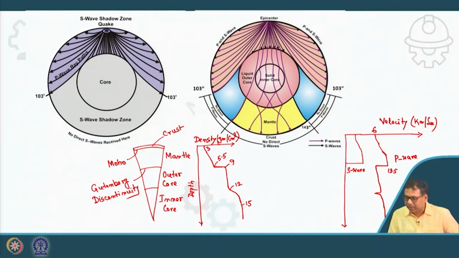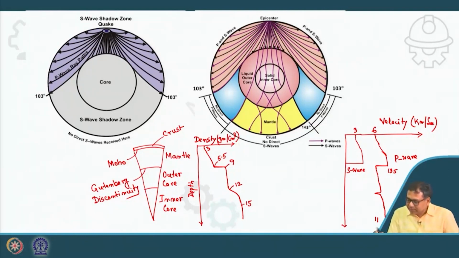Then it will suddenly decrease, and in the inner core it is 11 kilometer per second. And as you know, the S wave velocity is around 1.7 or 1.89 times lower than the P wave velocity. So at the crust it is approximately 3 kilometer per second.